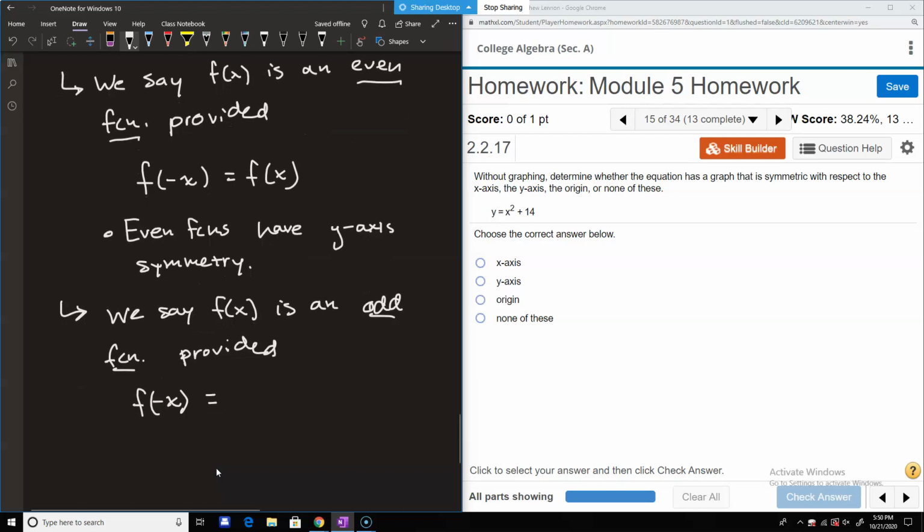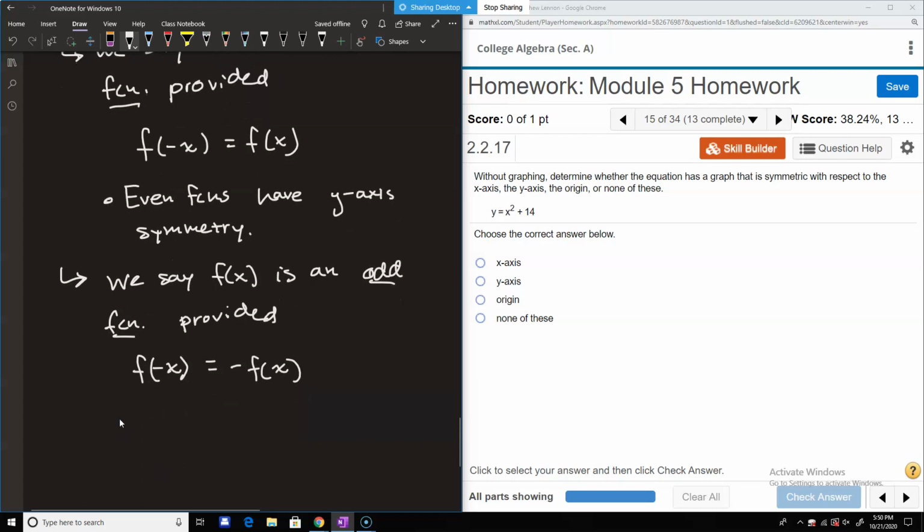With an odd function, you get negative f of x. So you kind of get the same y value but with an opposite sign. So these functions have what is known as origin symmetry. So odd functions have origin symmetry.